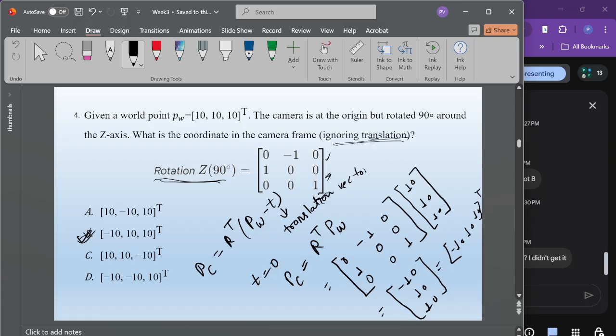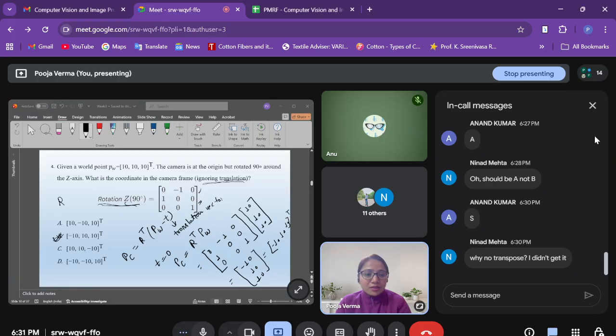Otherwise, if only the R matrix, that means the rotation matrix, was given, it is already written, rotated around the z-axis. So the transpose matrix itself is given in the question.